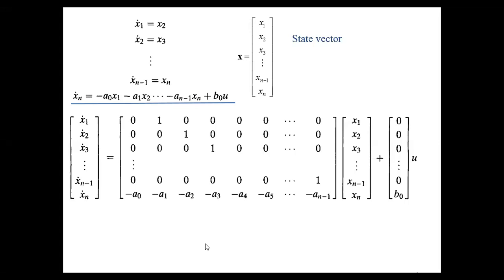This form is easily recognized by the unique pattern of ones and zeros and the negative of the coefficients of the differential equation written in reverse order in the last row of the system matrix. Next, we will find the output equation.